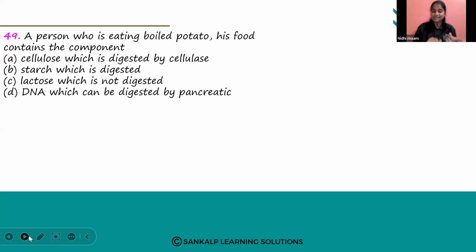Cellulose, which is digested by cellulase; starch, which is digested; lactose, which is not digested; DNA, which can be digested by pancreatic juice.